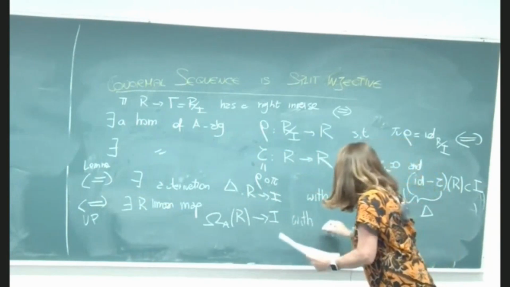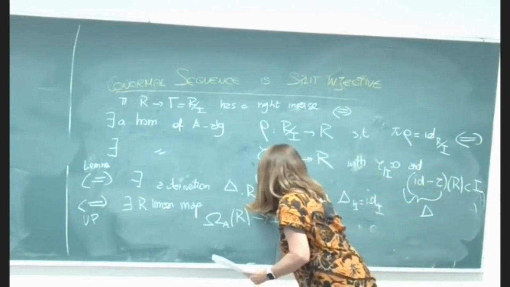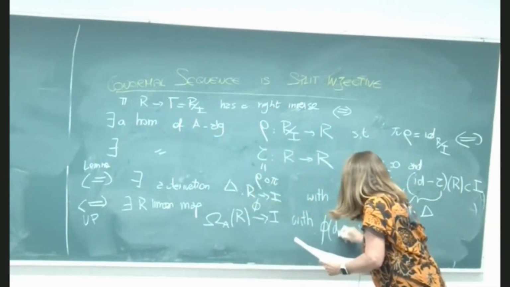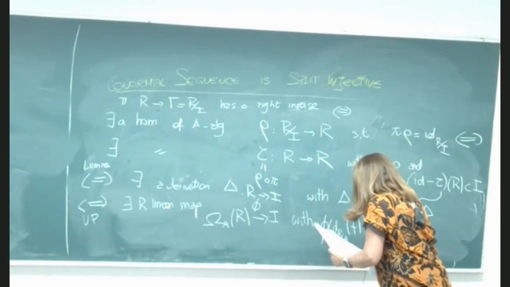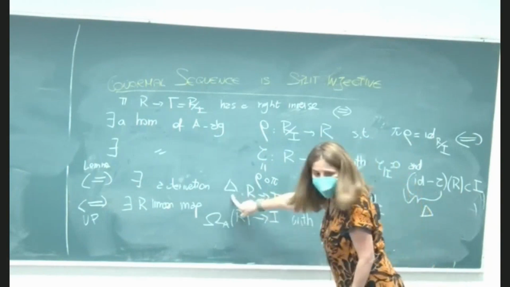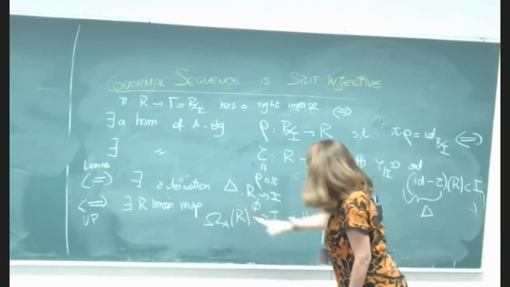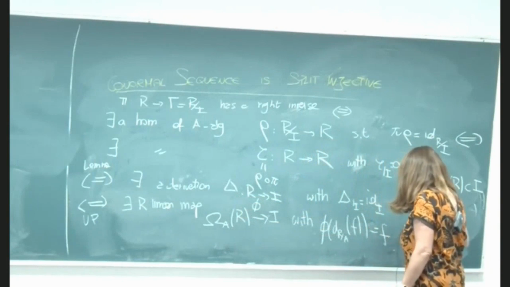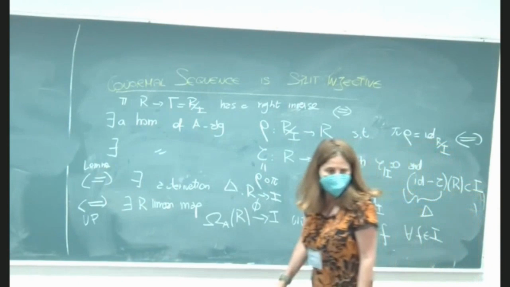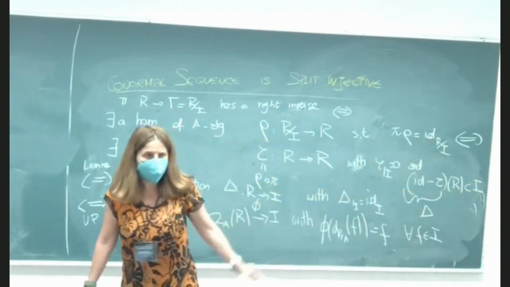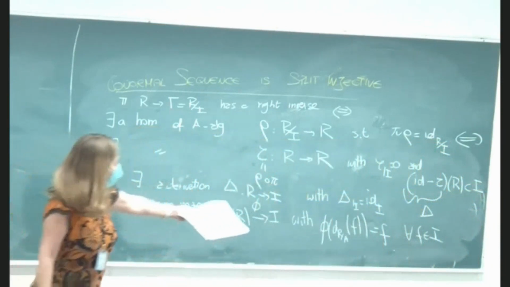I call it phi. Phi after the universal derivation has to give us exactly this derivation. But this derivation on I is the identity, so it is f for f in I. Okay? Because this delta on I was the identity map.